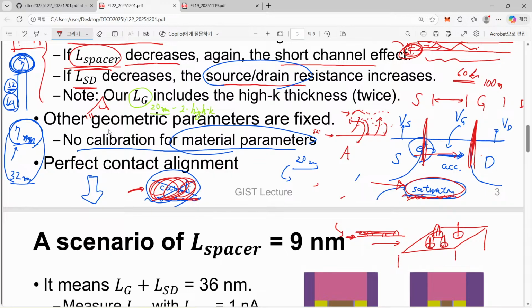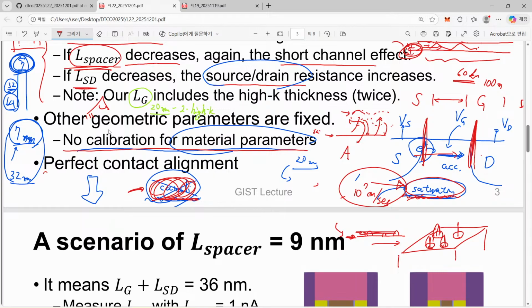So we must understand the limitation of our calculation. Although we have tried to simulate quite a short channel device, our saturation velocity is more or less just 10^7 centimeters per second, the default value for our electrons. So this one is somewhat lower than the measured one in our real devices. Okay.